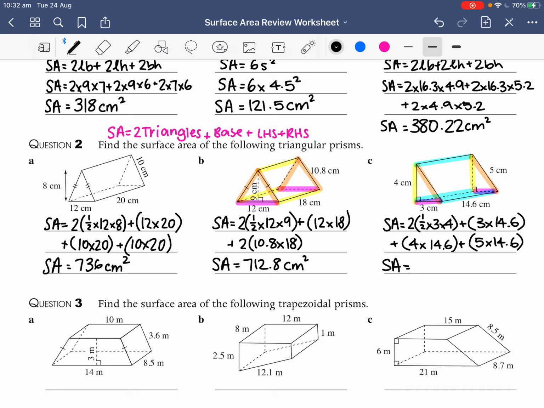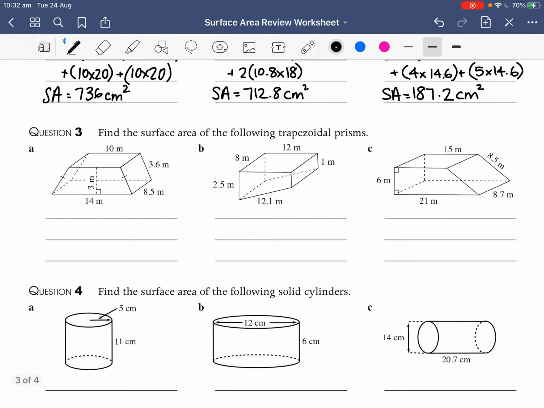So our surface area equals 2 lots of a half times 3 times 4 plus 3 times 14.6 plus 4 times 14.6 plus 5 times 14.6, which equals 187.2 centimetres squared.